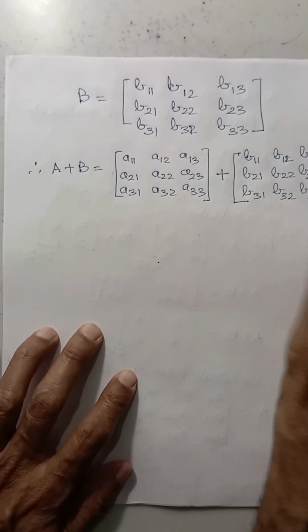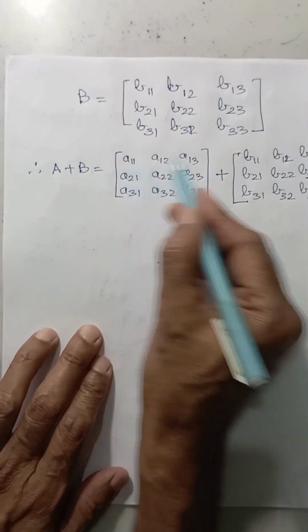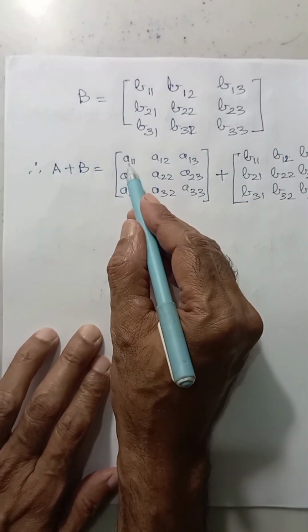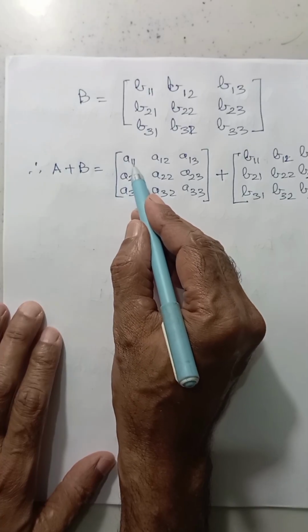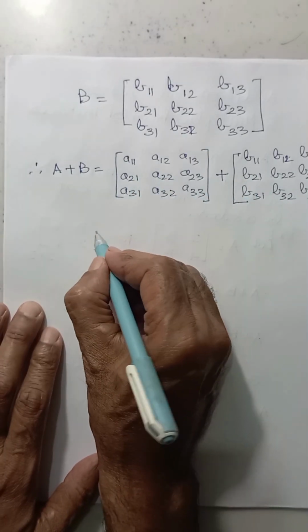Now we have to add this. So this will add with this. Matrices of the same column and same row order will be added.